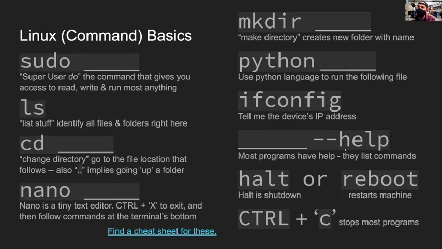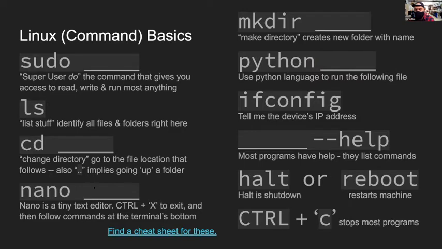These are some of the really good, quick, need-to-know commands that you might want to have for a Raspberry Pi. Sudo is so that you can do most things. You won't have file read-write access on a lot of files, but sudo will let you do that. ls is to list out things. cd is change directory. Nano is that little text editor that we came up with.